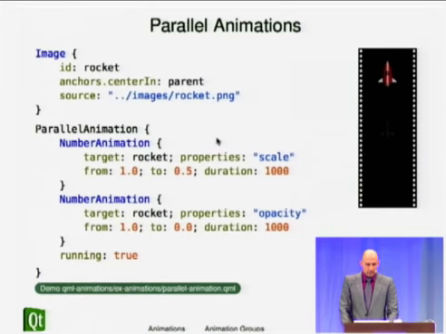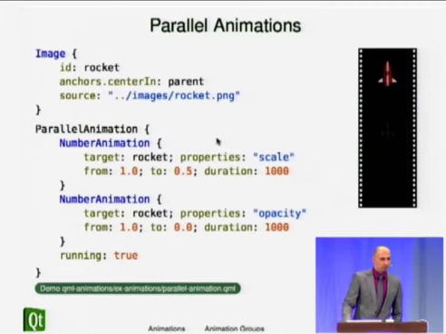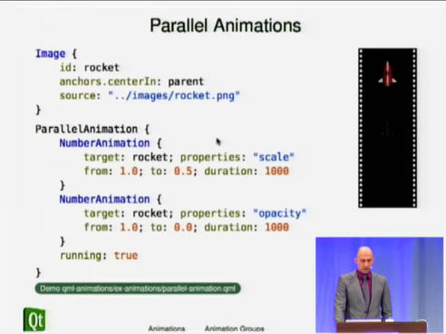Now what if you want multiple things to change in parallel, and maybe with different curves? Otherwise you might be able to put it into one number animation. So in this case, we want to change two different properties to different values, which means we need to have two separate animations, but we want them to happen in parallel. So we wrap it in this parallel animation thing, and they both progress at the same time.